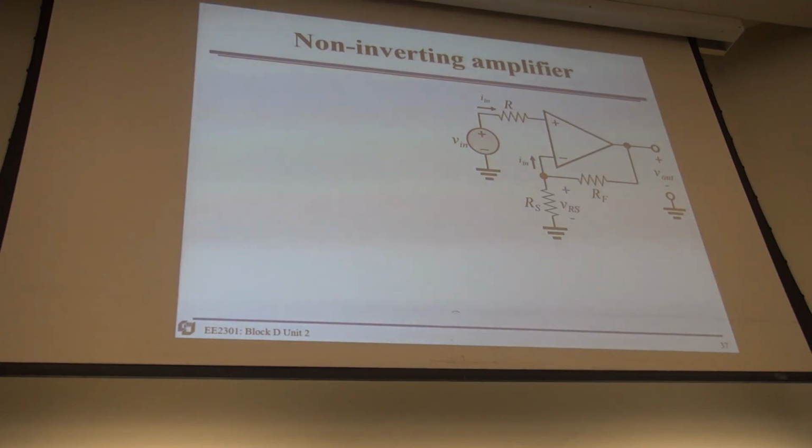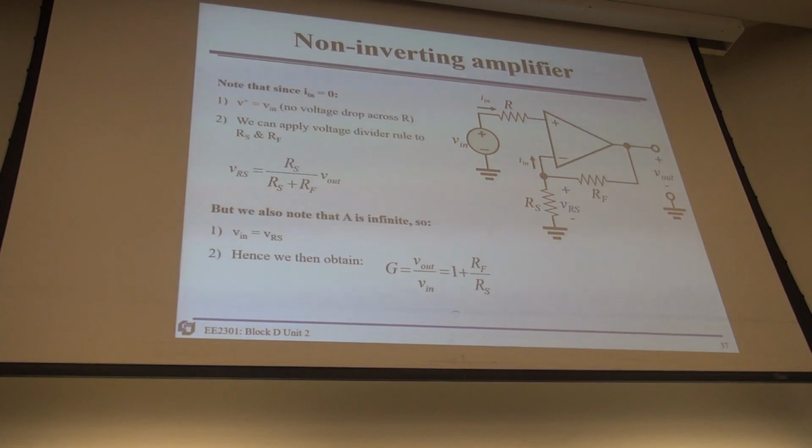So in other words, this point and this point. So we are going to work on that. First of all, notice that I in will be 0 because nothing is flowing into the op amp, because the open loop amplification is so big, 10 to the power of 10. So think about that.